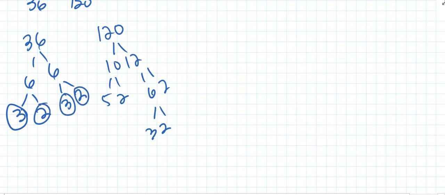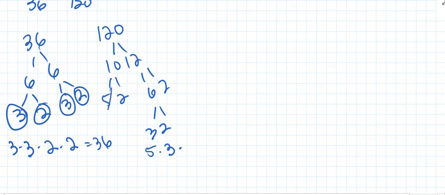We're going to write those down: 3 times 3 times 2 times 2. The prime factors of 120 are 5, 3, 2, 2, 2.